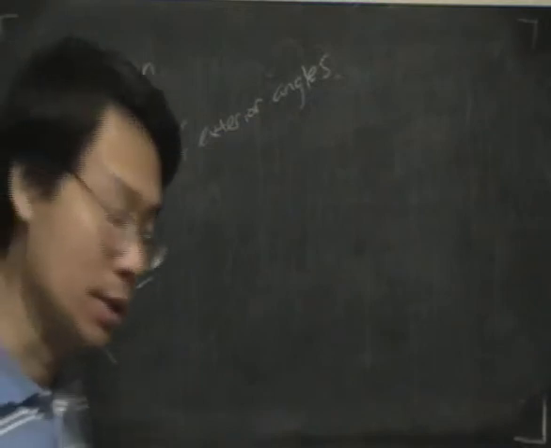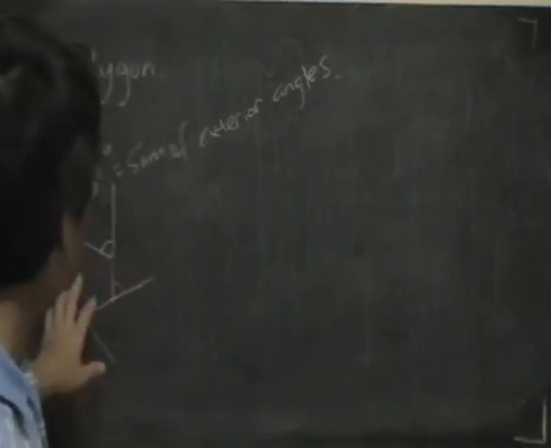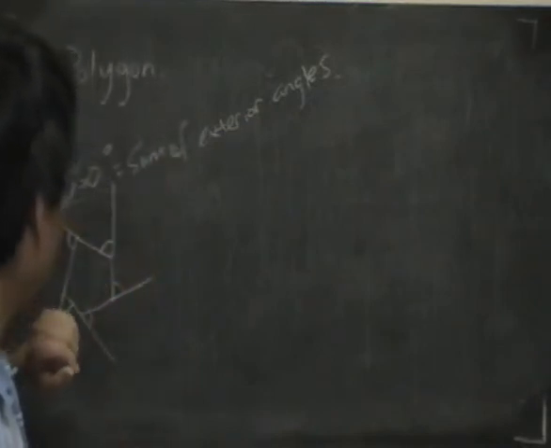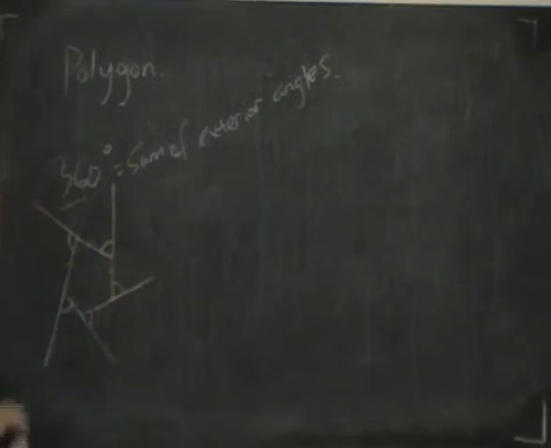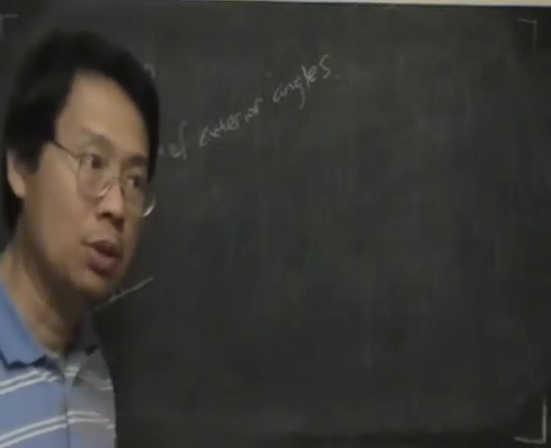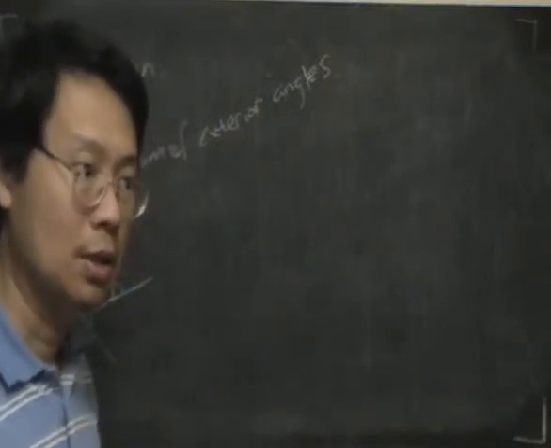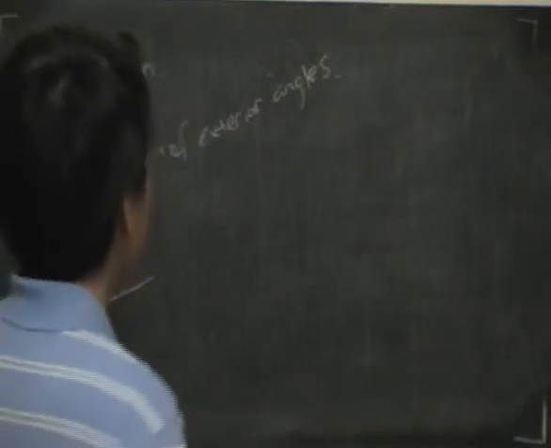So just as a simple example, suppose I have a polygon where all the sides are equal and all the angles are equal, and suppose this is a polygon with say n sides.